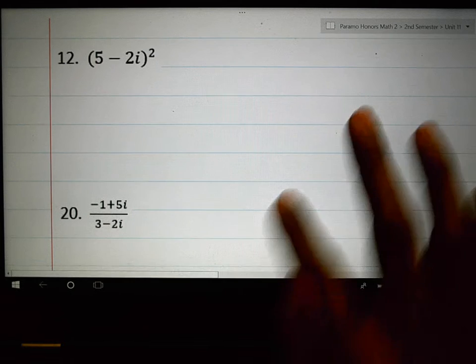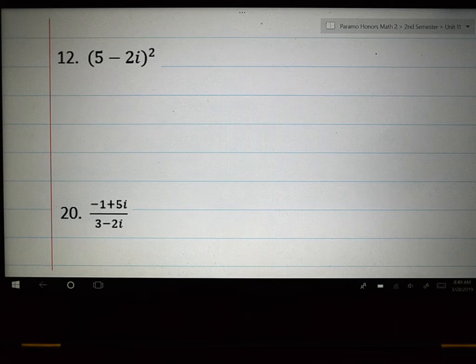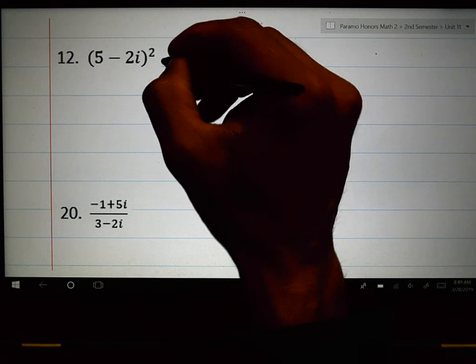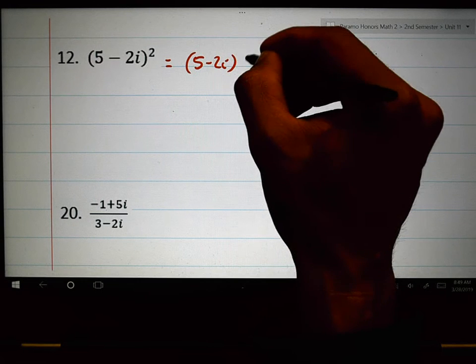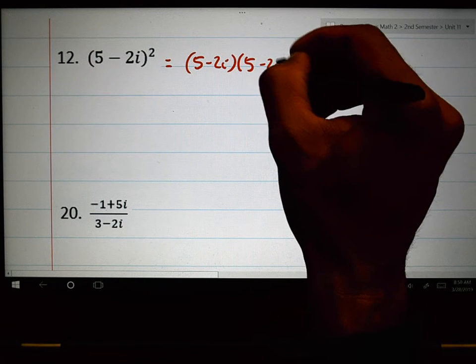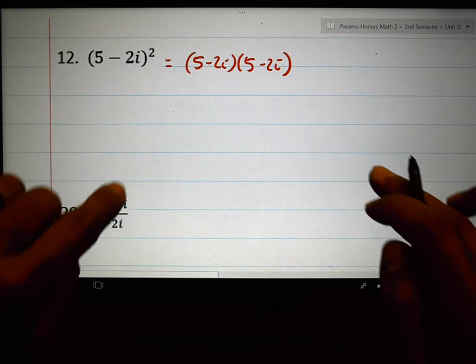Number 12. Things change when we multiply, though. This is where this is going to get a little more challenging, but not much. If you see 5 minus 2i in parentheses squared, it means 5 minus 2i times another 5 minus 2i. That's nothing new.